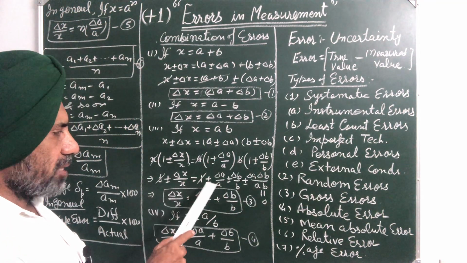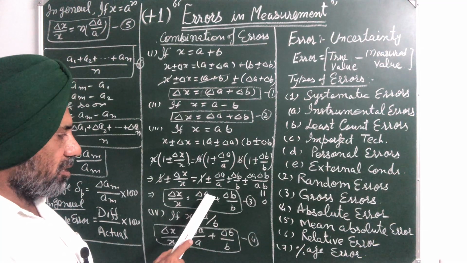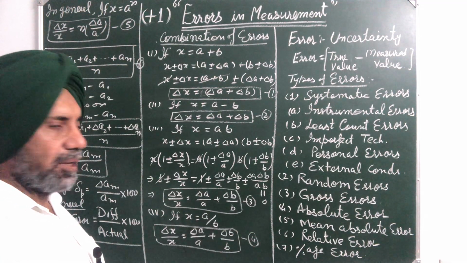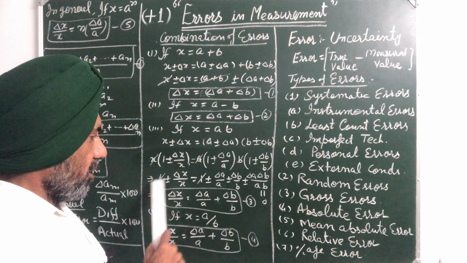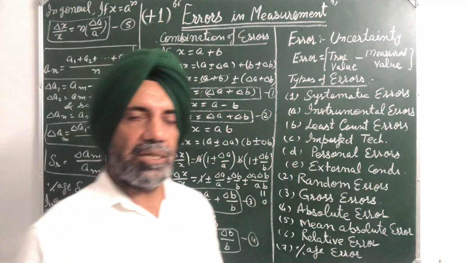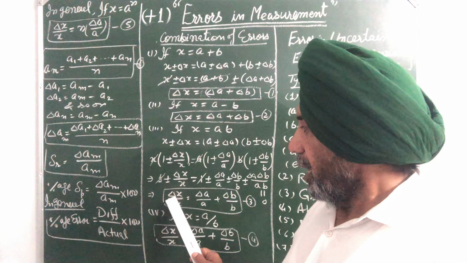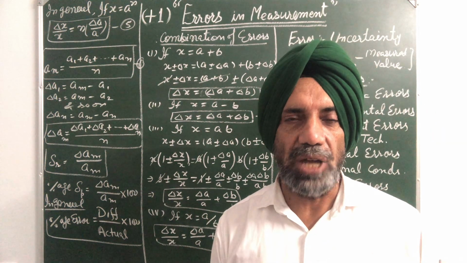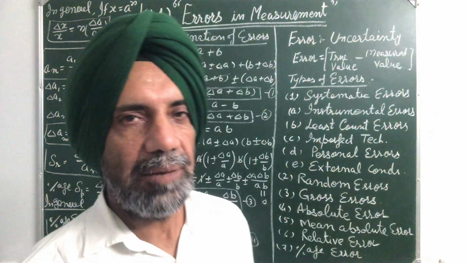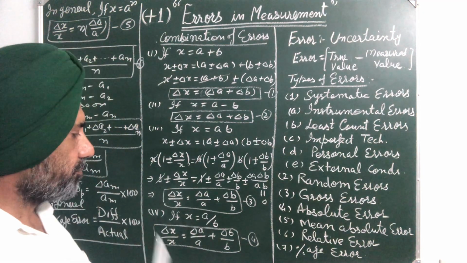So leaving the plus minus sign, we have delta x upon x is equal to delta a upon a plus delta b upon b. It means when a physical quantity is equal to the product of two, then relative error in x is equal to the sum of the relative errors in a and b.